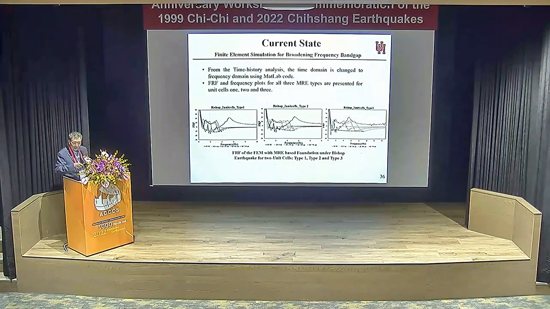After we develop it, the next step, we need control. Control. That means if an earthquake is coming, the frequency, we don't know. But right on the metamaterial foundation, we put an accelerometer. From the accelerometer, get the measurement, transform the time history directly into frequency.